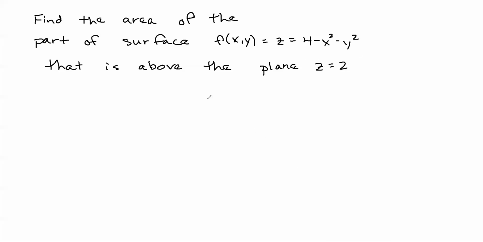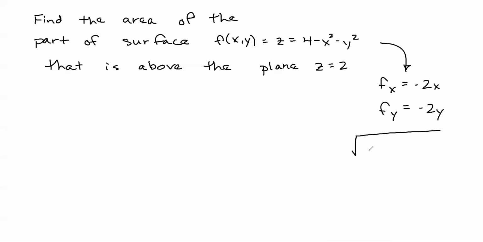Okay, so in this case, we've got our surface. We can immediately go through and do the partial with respect to x, negative 2x, and the partial with respect to y, negative 2y. We could do the square root of the partials squared.